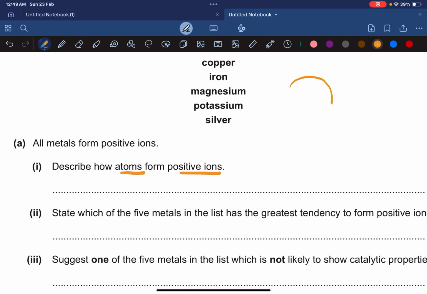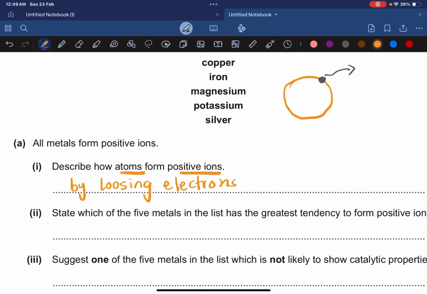Positive ion means that this is your shell, this is your electron in your shell, and you basically lose the electron, and then you get your positive ion. So you're going to write by losing electrons. That is how you form your positive ions.